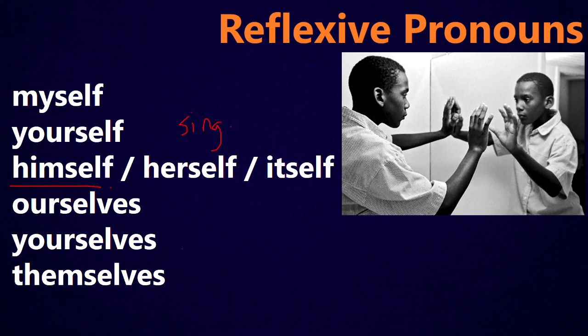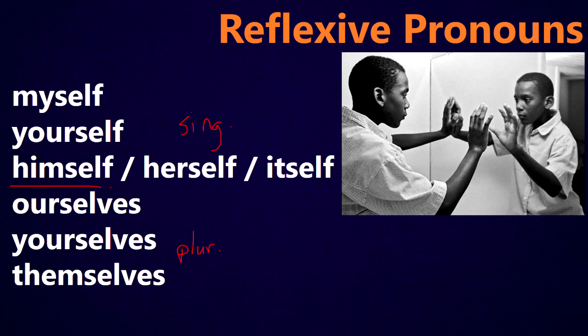These ones are plural. So notice the singular self changes to the plural selves once we start using the plural reflexive pronouns. So myself, yourself, himself, herself, itself, ourselves, yourselves, themselves.